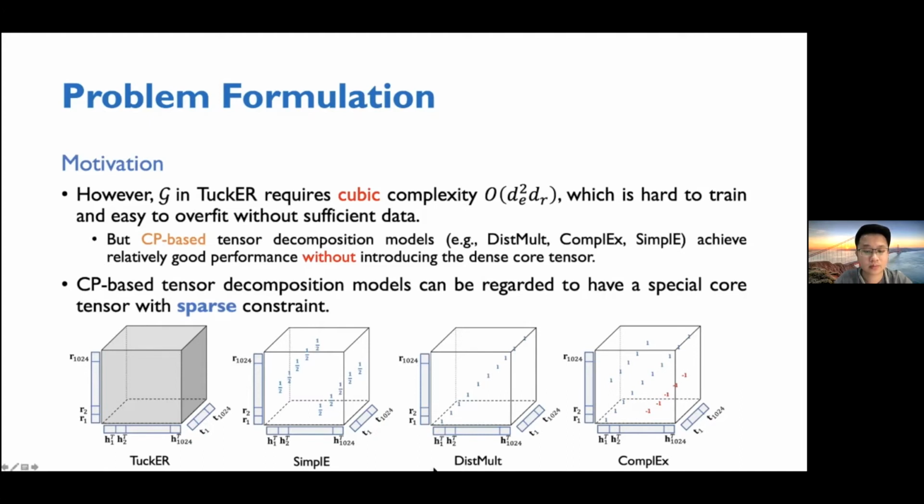For example, in DistMult, only the elements on the superdiagonal are non-zero. So we are motivated by these observations to think about whether we can utilize such a sparse constraint to regularize the Tucker core tensor but still achieve good performance.